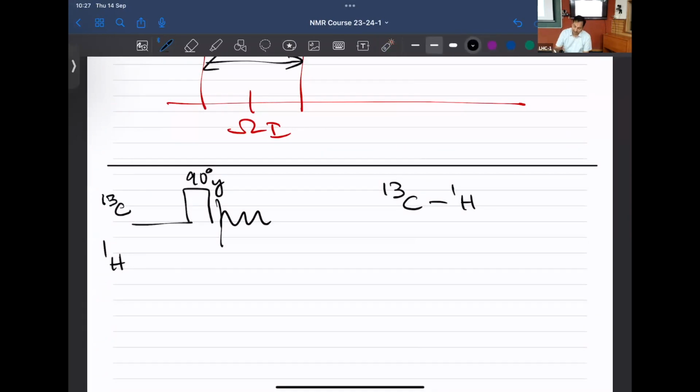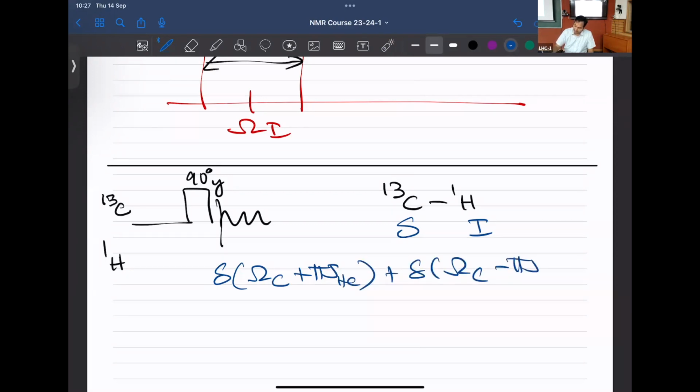The only difference here is that you still have an IS spin system. Generally, proton is given I and carbon is given S. The spin with the lower gyromagnetic ratio is given S, while the higher one is given I, generally. So this is yet again an IS spin system. Without even solving the density matrix, I'm sure you would agree, the resonances that are going to come would be omega C plus pi J HC and omega C minus pi J HC.